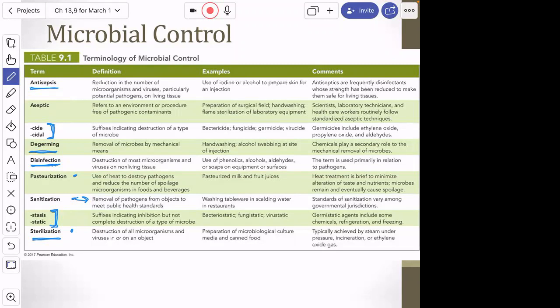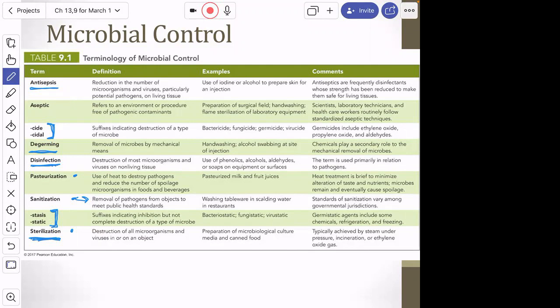In practice, it's really difficult to achieve that sterilization, especially by chemical means. Most often we're going to use heat when we have to be really sure that something's sterile. But there are some things that we need to be sterile that are heat sensitive, so we have other things as well.